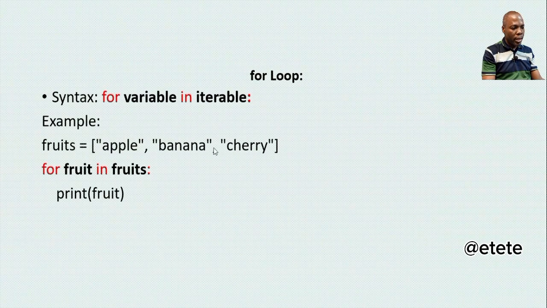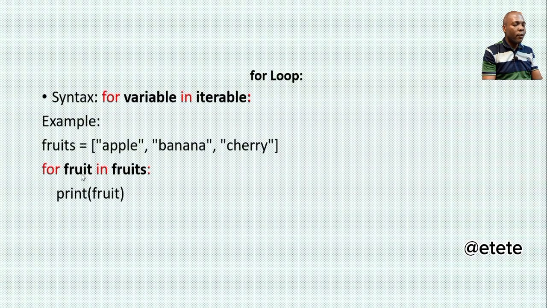So these three fruit now are assigned to this fruit as an object, right? Now, for fruit in fruit, print fruit. So for every time it sees a member of this list, it will copy it and put it in this fruit. Then it will go in.